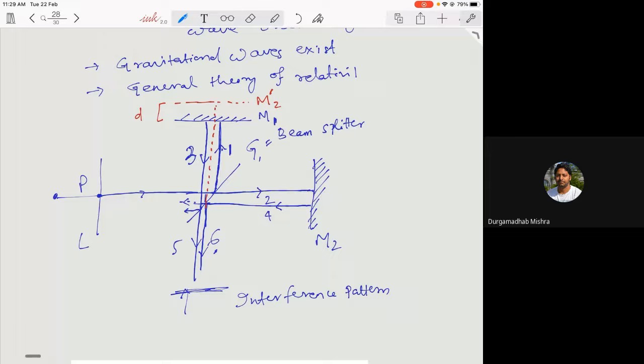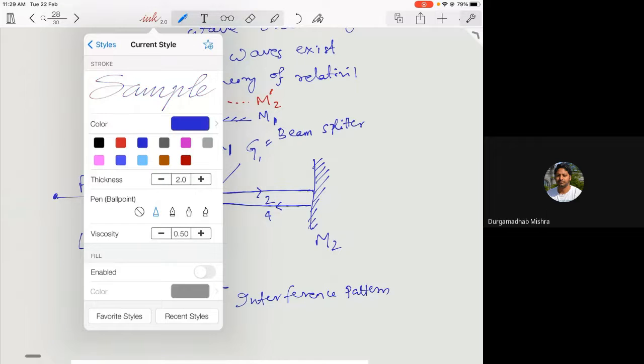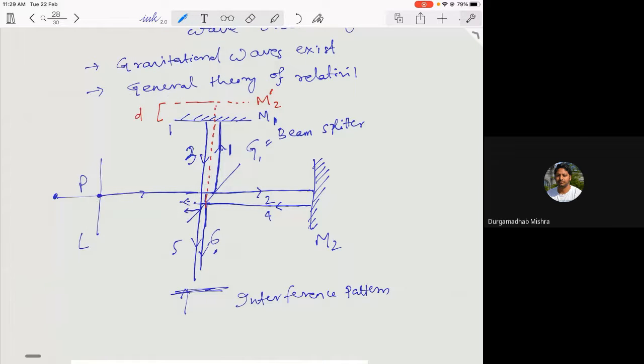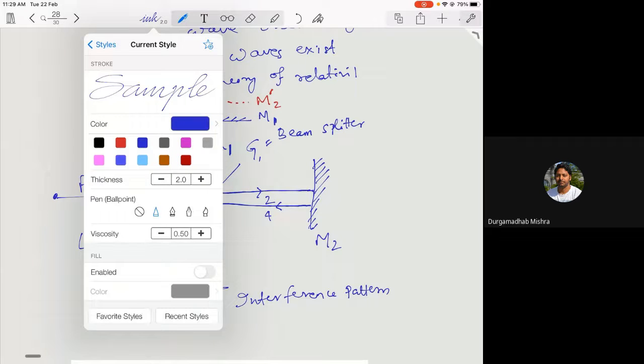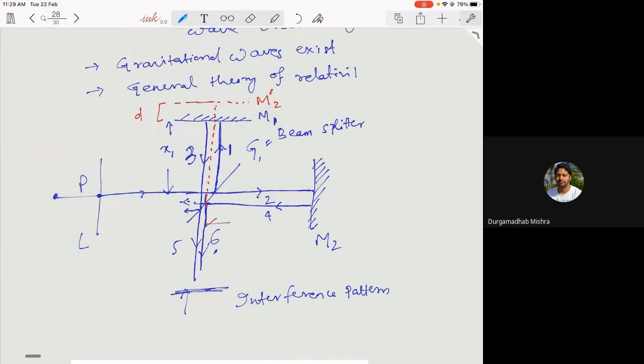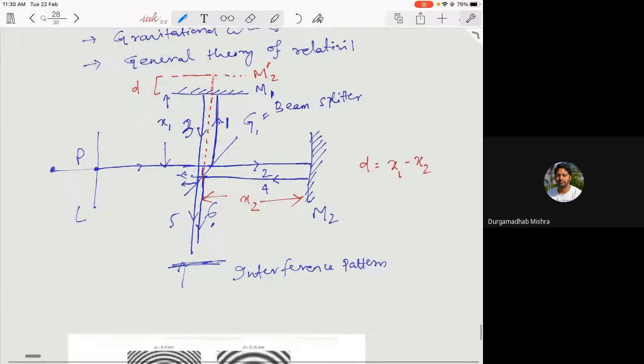If we say this distance is x1 and this distance is x2, then your distance d would be equal to x1 minus x2. That means the path difference is 2d, because the beam travels here and comes back, so it travels a path difference of 2d.